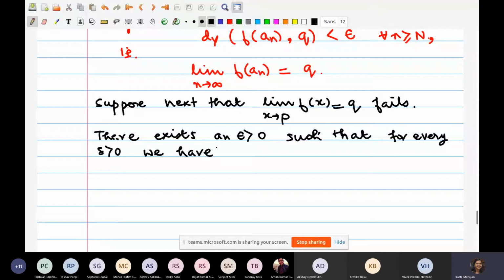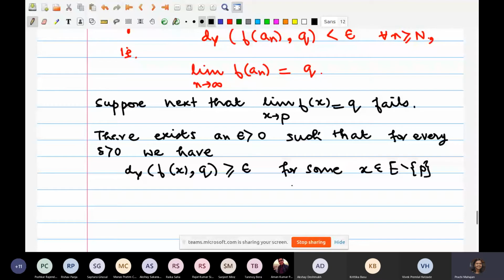Yeah, what is that? So the distance between f(x) and q is at least epsilon for some x in the set E with, right. So what is this saying?